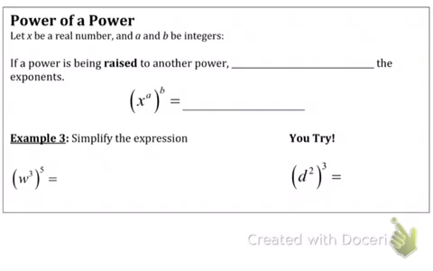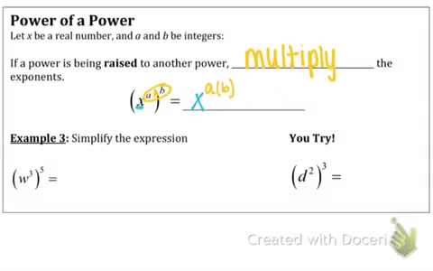Our third property is the power of a power. If a power is being raised to another power, then we multiply the exponents. So notice in this case that what is inside the parentheses is now considered a base to the exponent b. So we are going to multiply our a times b because this base x to the a is being raised to the b power.